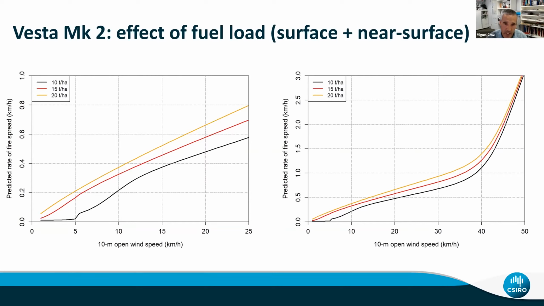If you go to the right-hand graph, you see that the effect of fuel load, or the difference between the different curves, becomes smaller and smaller as the conditions worsen in terms of fire spread potential. As you go past 30 and 40 km/h, the difference between the different fuel load curves tends to be less and less significant.